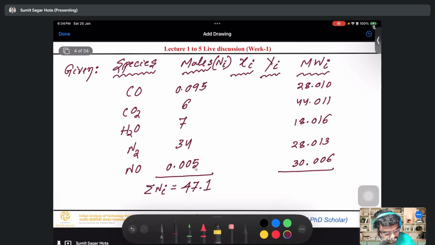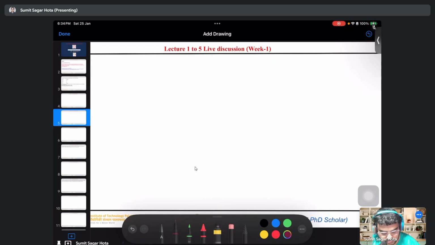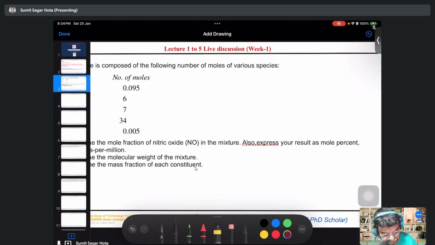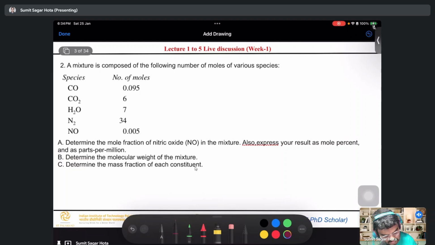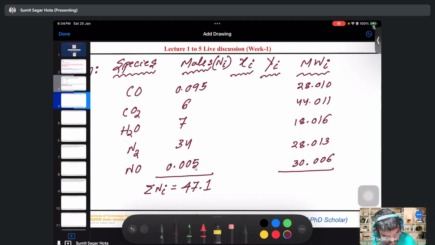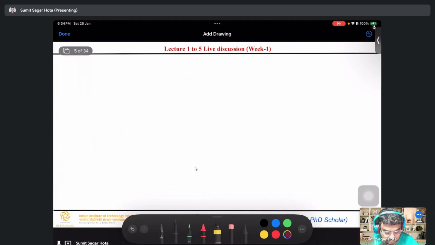Now I will solve the first bit, which is to determine the mole fraction of nitric oxide and also express the results as mole percentage and parts per million.